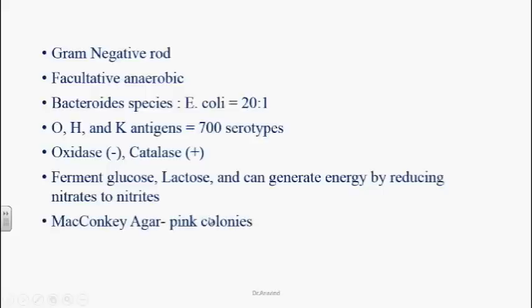These organisms can be grown in a differential medium, MacConkey's agar. MacConkey's agar is normally used to differentiate between lactose and non-lactose fermenters, and lactose fermenting organisms grow as pink colonies. Another important medium where we can culture E. coli and other enteric rods is eosin methylene blue agar, where these organisms grow as metallic sheen colonies.